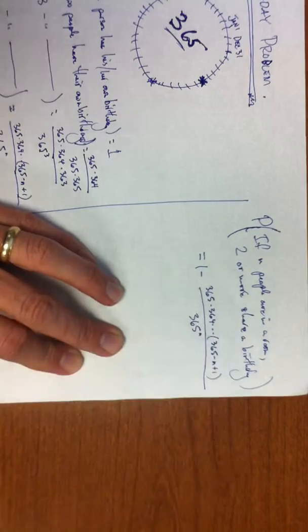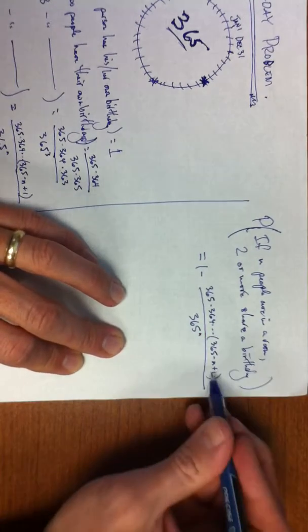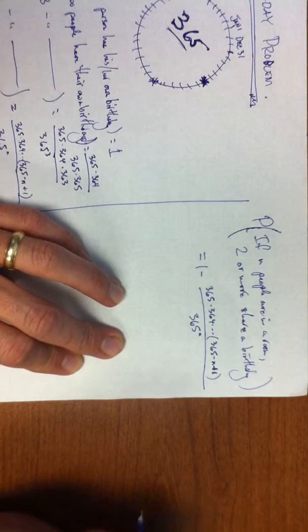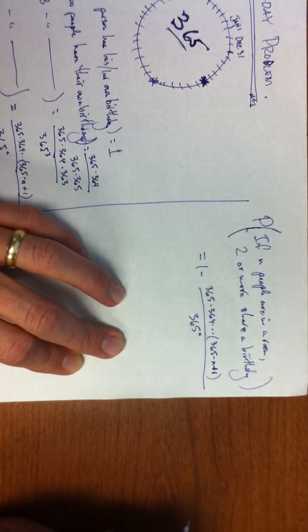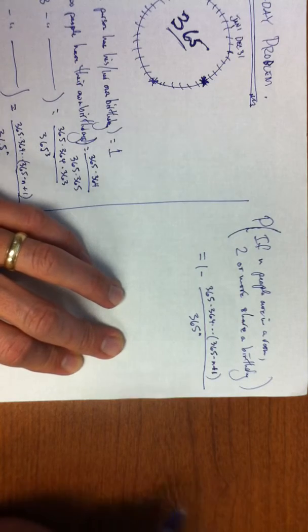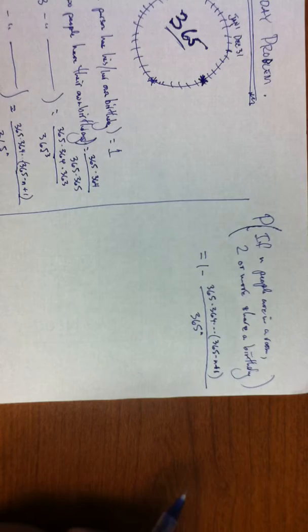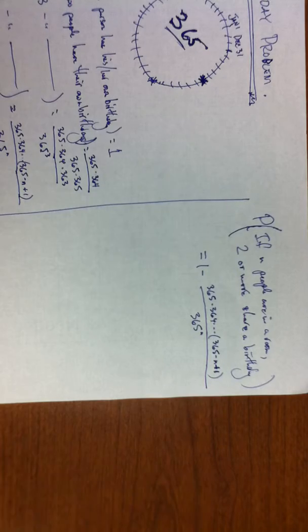Now, in the very next thing there on the course web page, you'll see an Excel file where I've actually carried this computation out. You'll see in one column I've got the number of people that are in the room, and then in another column I've computed the chance that they share a birthday, that there is at least one match.